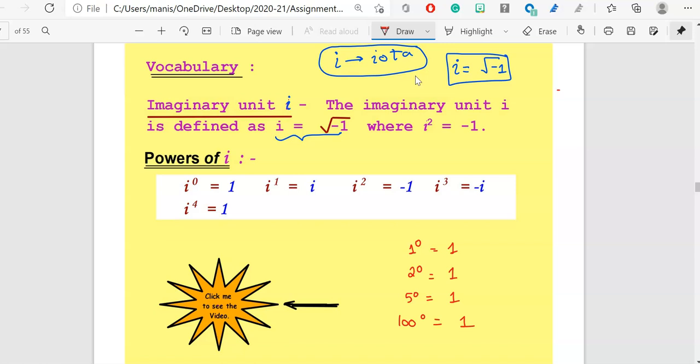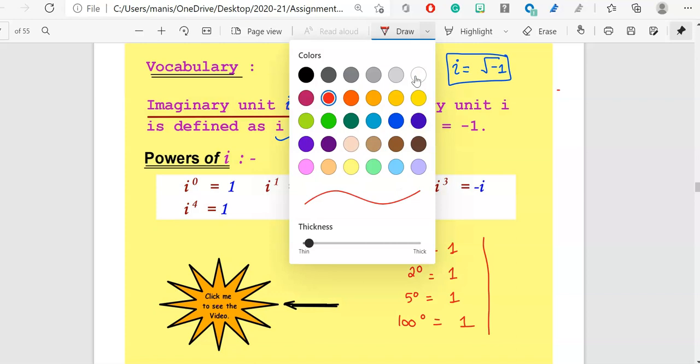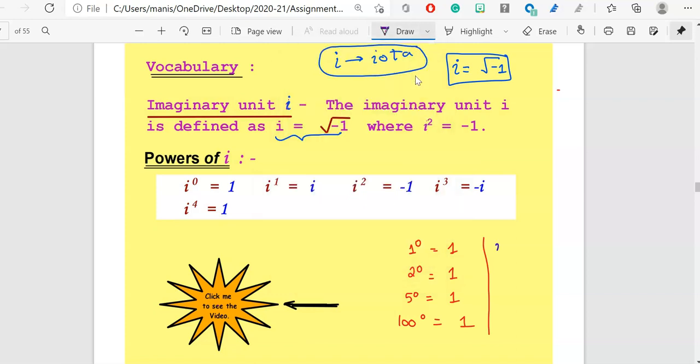It is still 1. So if I am finding i to the power 0, what will be my answer? It will be 1. We will need these values when we are working on problems related to the imaginary unit i. This is how I got the value of i to the power 0 as 1.